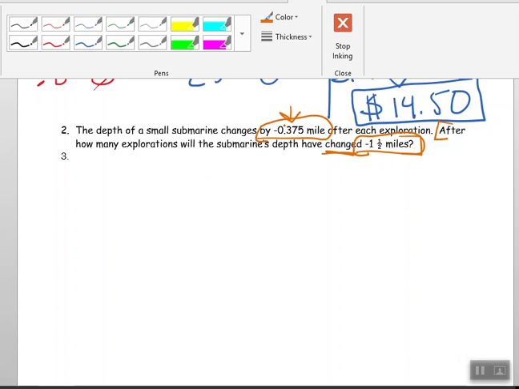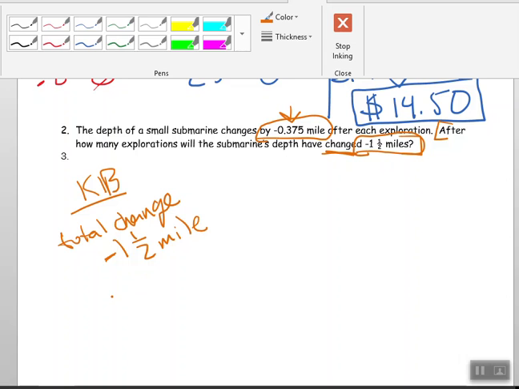And then I have that 0.375. Okay. So I am going to do my KIB here. All right, and so I know that the total change was negative 1 and 1/2 miles.